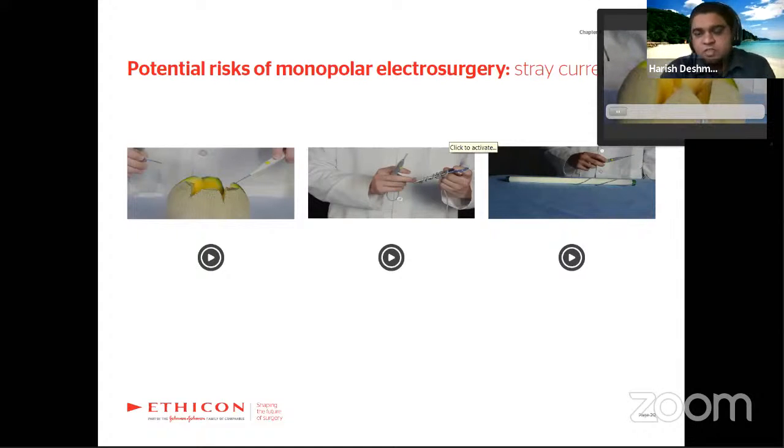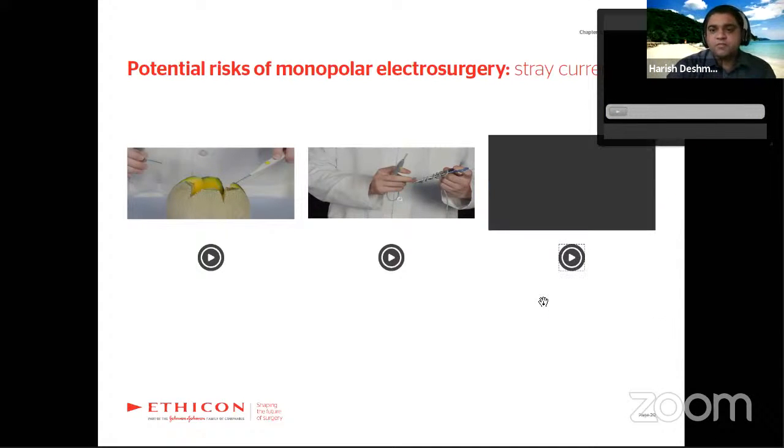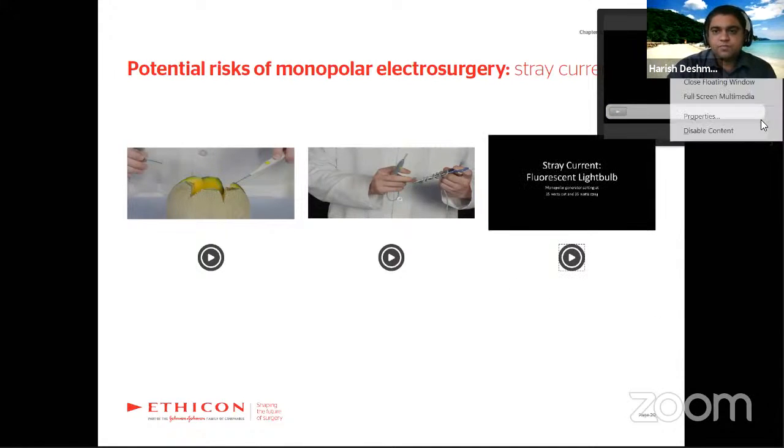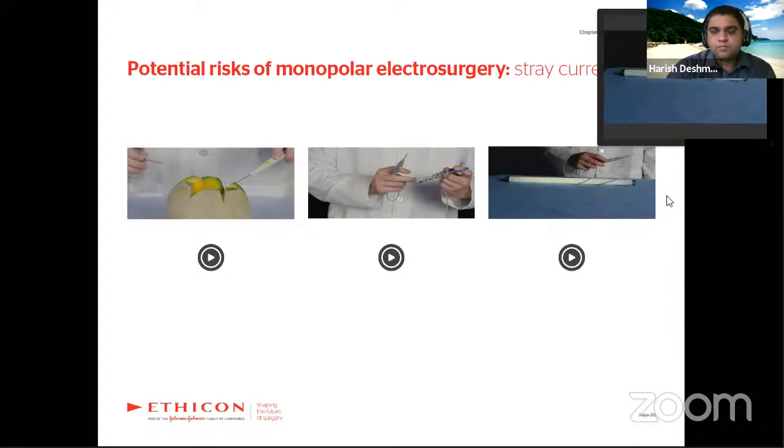If you're applying electricity current somewhere else, this can cause indirect coupling current, which can affect the overall patient basically.